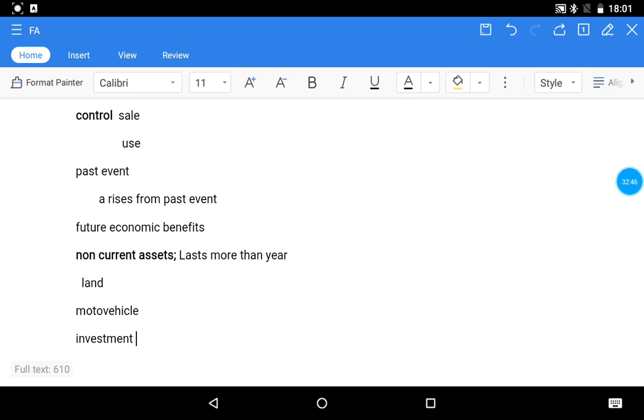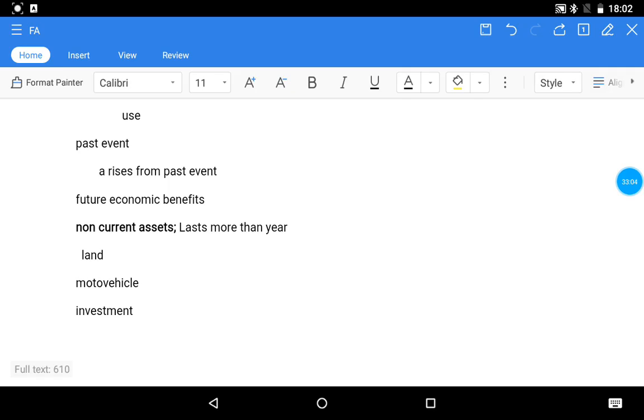Then after that one we have intangible assets. When you talk about intangible assets, these are assets that are not seen or touched in a business. You can't see them, but someone says this is our asset.